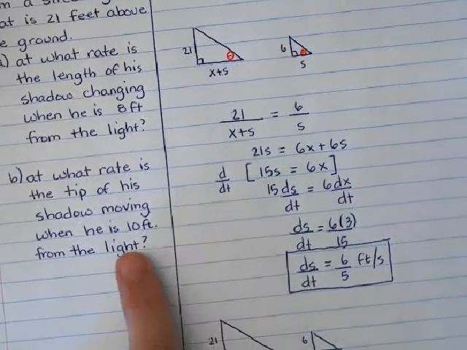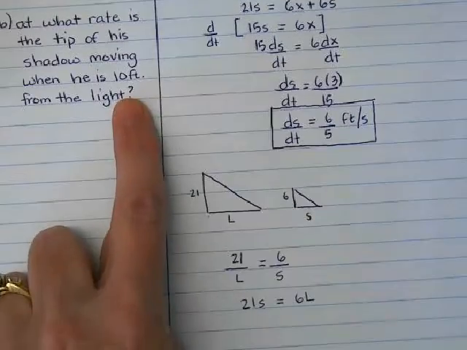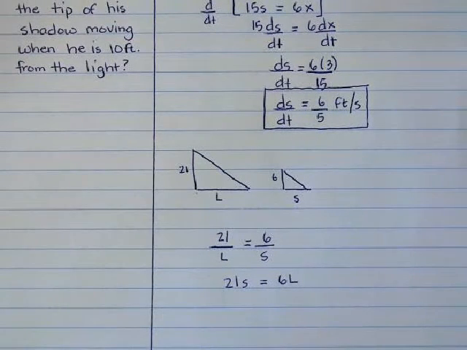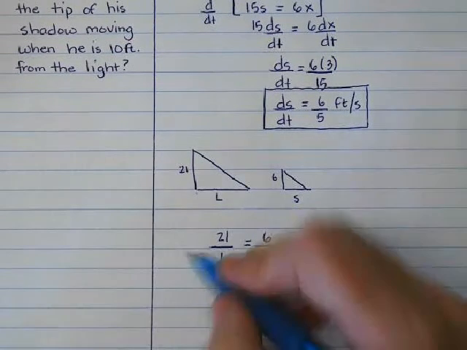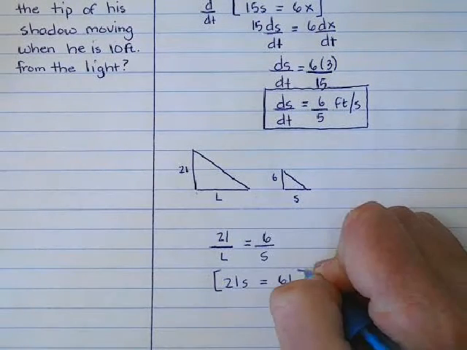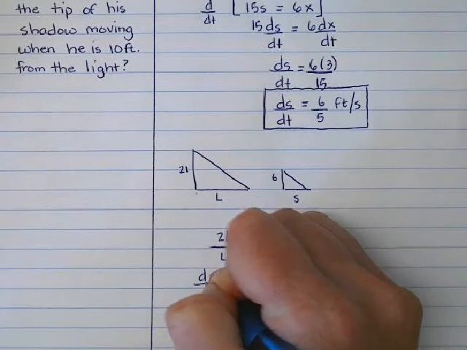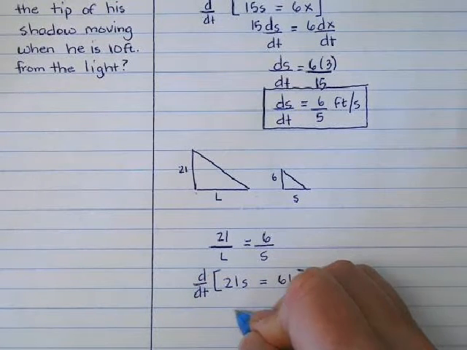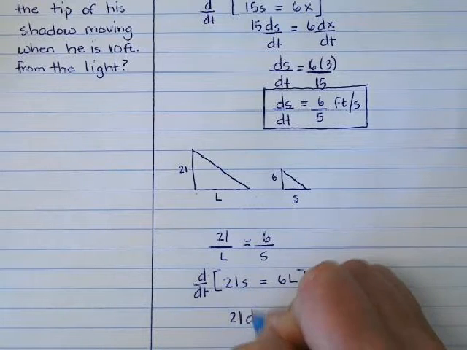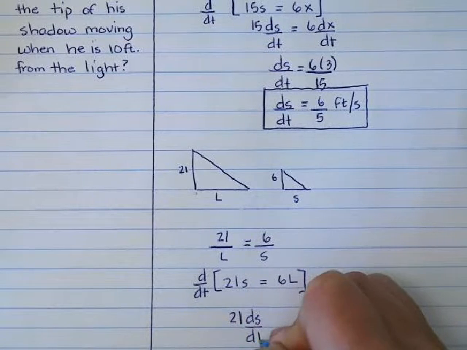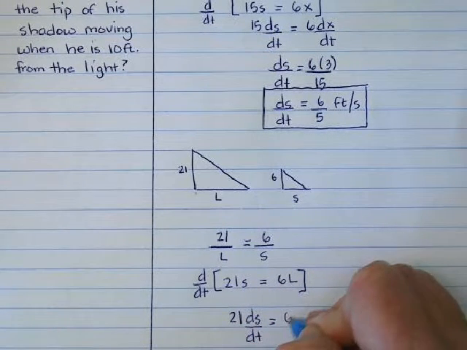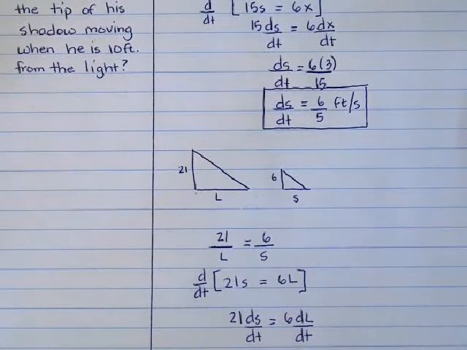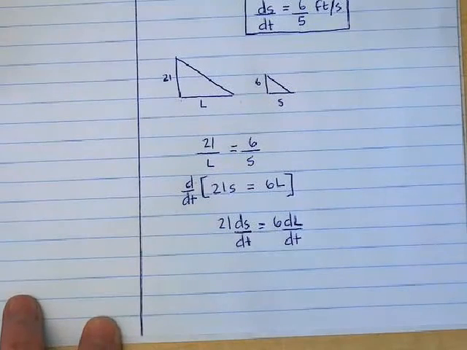Again, we can see this 10 foot isn't even coming up in this problem at all. So I think I've got everything I need. Let's go ahead and differentiate. Then we're going to have that 21 ds/dt is equal to 6 dL/dt, which is what we're trying to find.